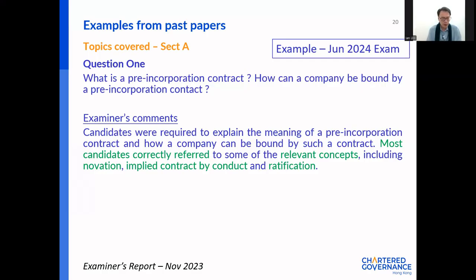Okay, so what does it mean by ratification? Ratification is basically, even though the individual, for example, signed a contract but did not have authority to do so, and the company has every right not to admit liability for a contract, it's possible for the company to say, I want this contract.